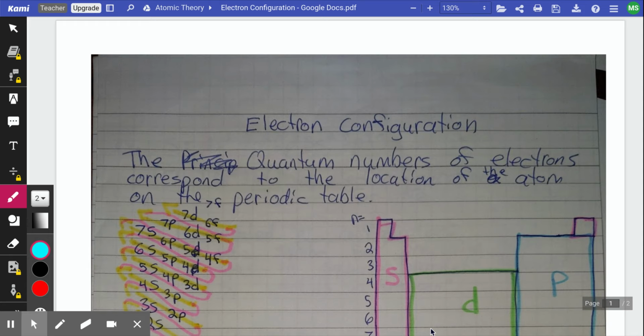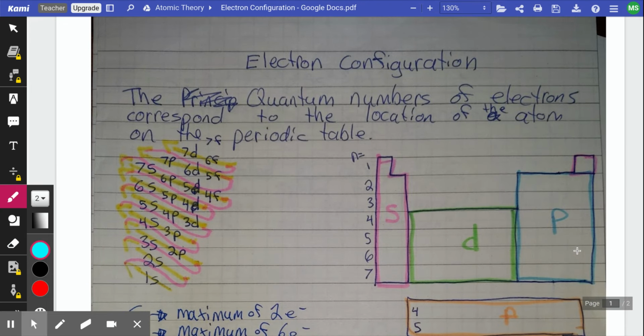The quantum numbers of electrons also correspond to locations of the atom on the periodic table. So you can determine what orbitals the electrons are found in based on the position of the atom on the periodic table.